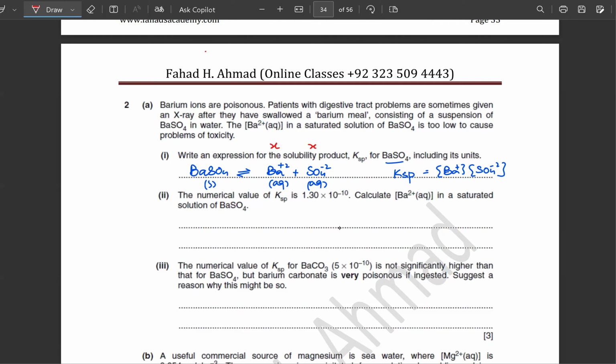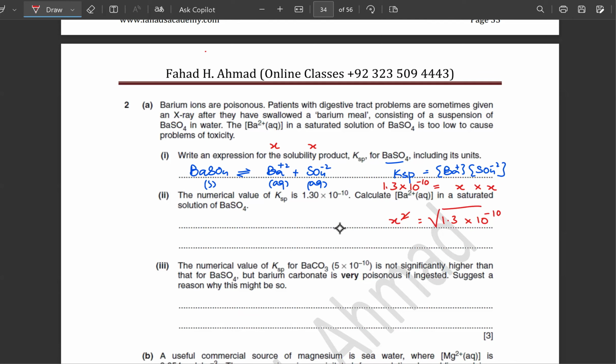So my Ksp value is given. It's 1.3 times 10 power minus 10. The barium ion concentration is X, and the sulfate ion concentration is also X. So basically, X squared is equal to 1.3 times 10 power minus 10. If you want to find X, you have to square root it.